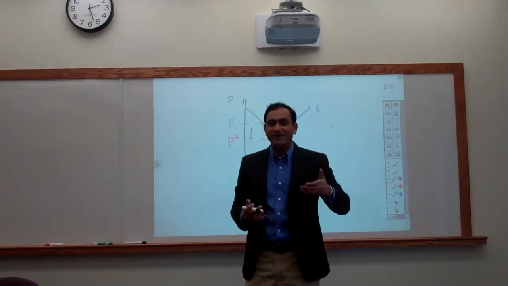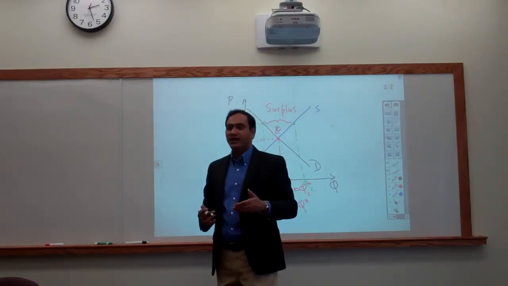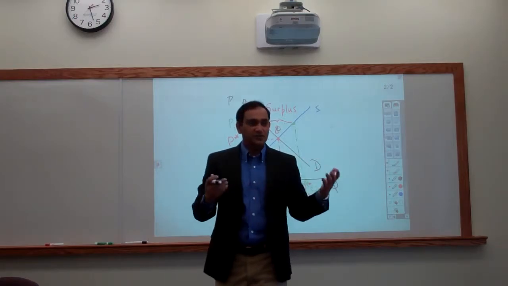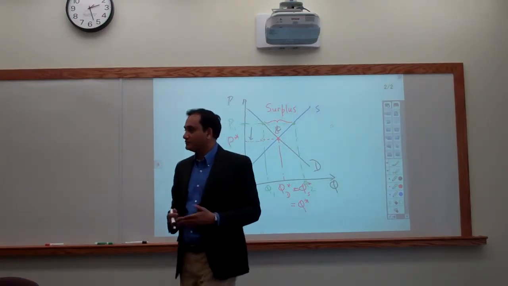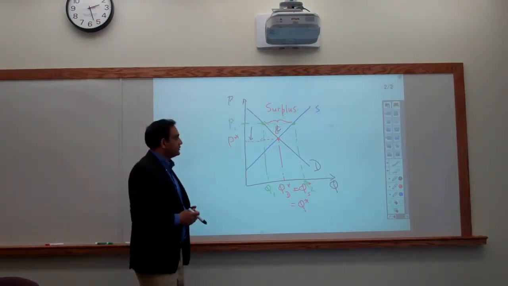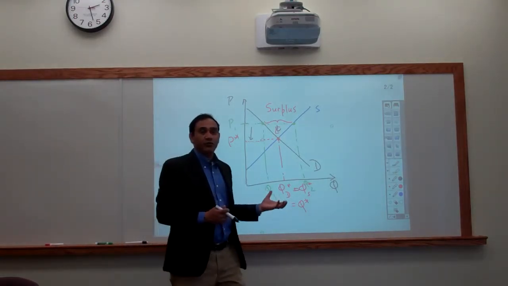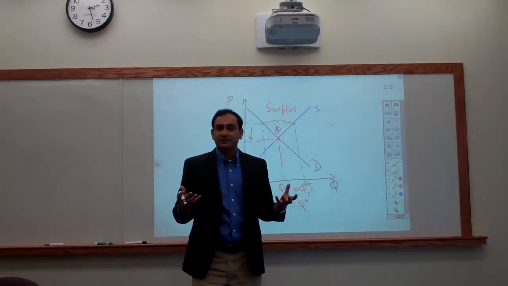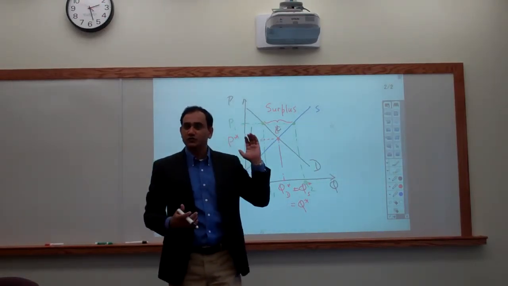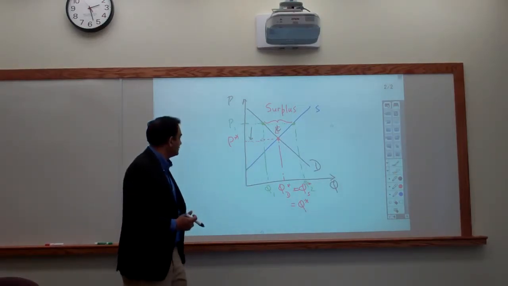Price is behaving like a regulator. It adjusts when there's a surplus. Price comes down. So P1 cannot be equilibrium because it's not stable. Price comes down to P star.